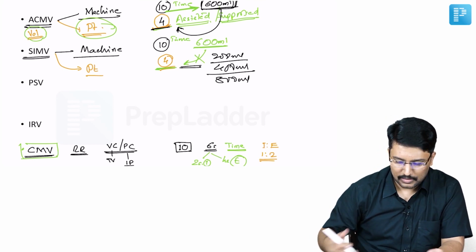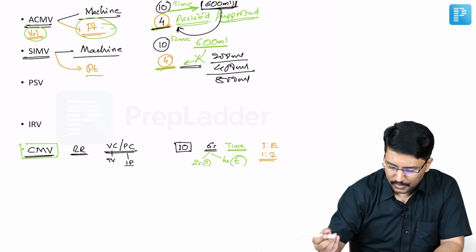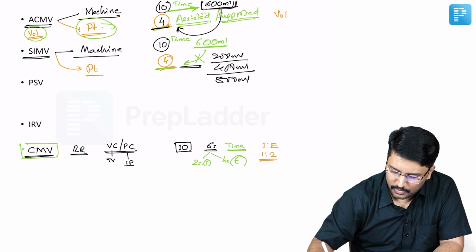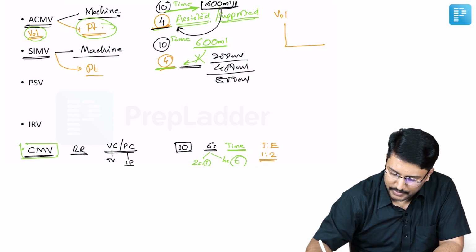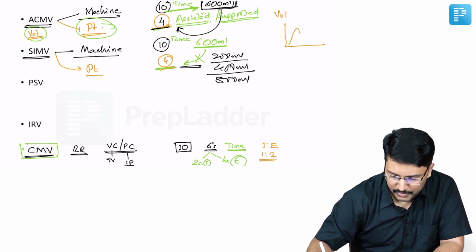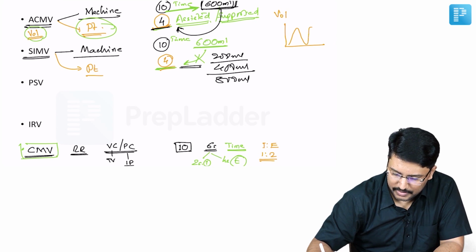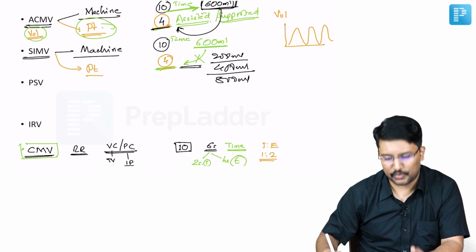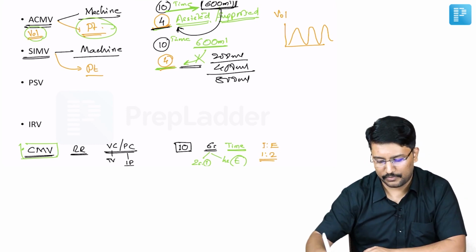So if you look at those ventilator graphs, for example, the volume time graph, in assist control mode of ventilation, whether the breath is triggered by a machine or by the patient, all looks the same because the fixed tidal volume is delivered for every breath.